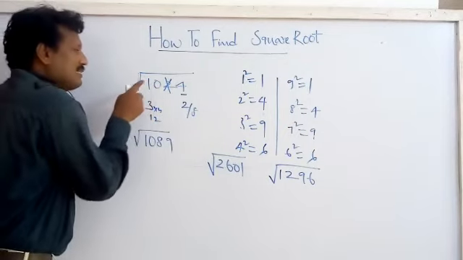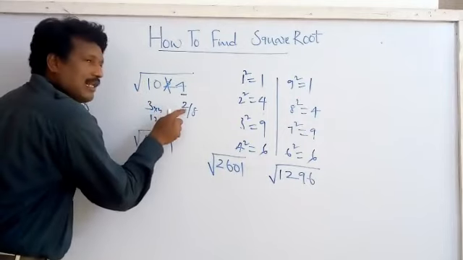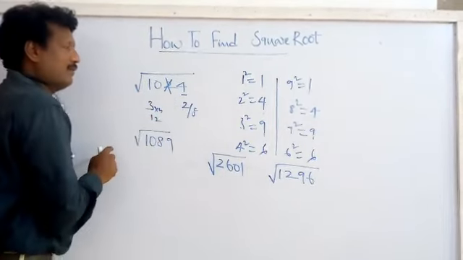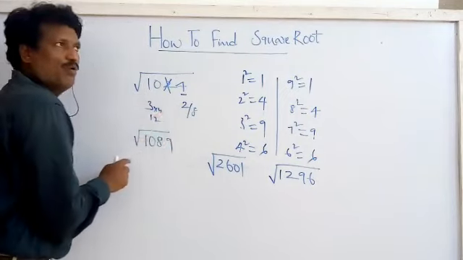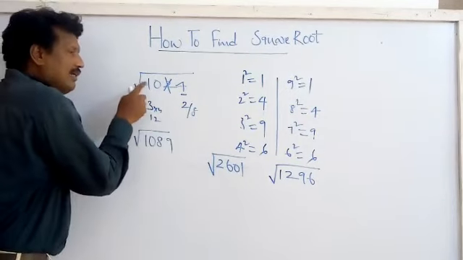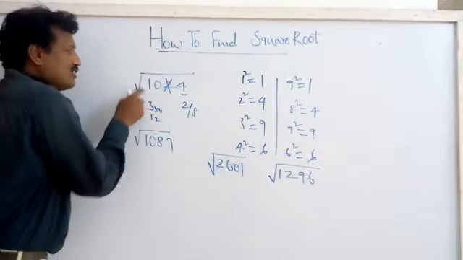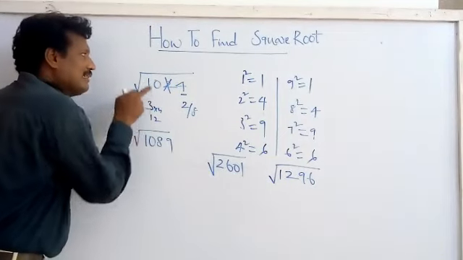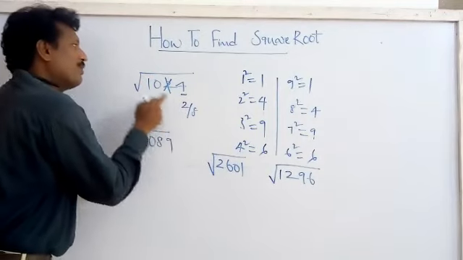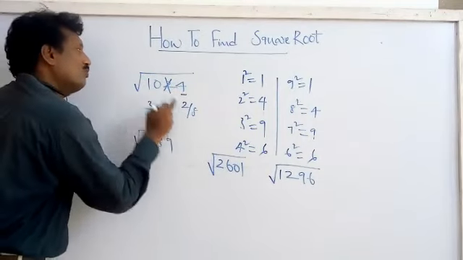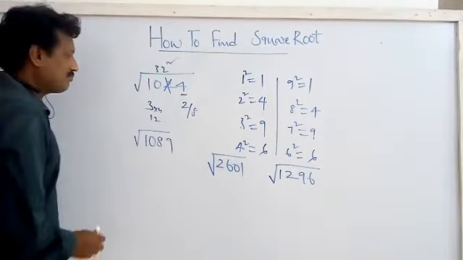If this value is less than this, we should take the lower number, that means we have to take 2 this time. If this value is more than 12, we should take a higher value. See, here this is 10, this value is 12. This 10 is less than 12, so we should take the lower value, that means 2. So the square root of 1024 is 32 square. Let us see.